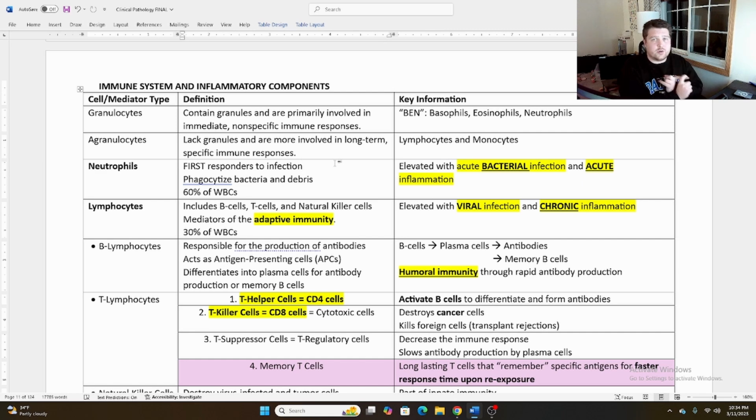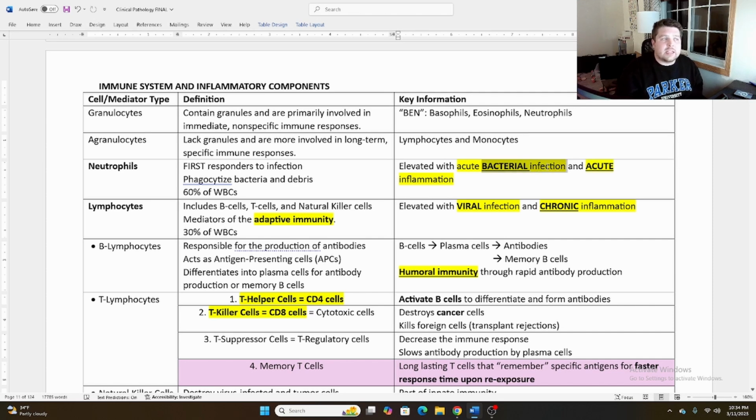This is a recent condition. Either it's going to be a bacterial infection or acute inflammation, and it would have to describe some type of specific injury. So if we see neutrophils are high, immediately we say this is a bacterial infection.